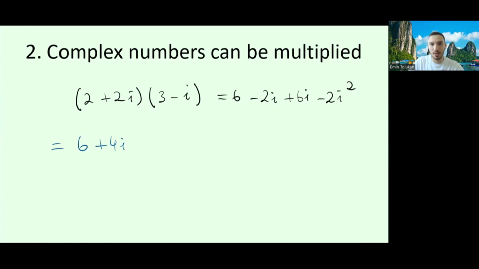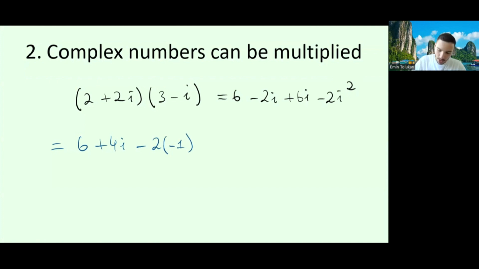What is that? Minus 2i squared can actually be simplified to minus 2 multiplied by negative 1, because do you remember i squared is negative 1? So i squared in such cases must always be simplified to negative 1, because as I said, we will simplify it to the most basic form, and for that we need to eliminate everything that we know.